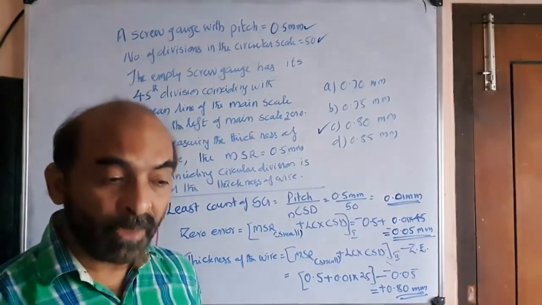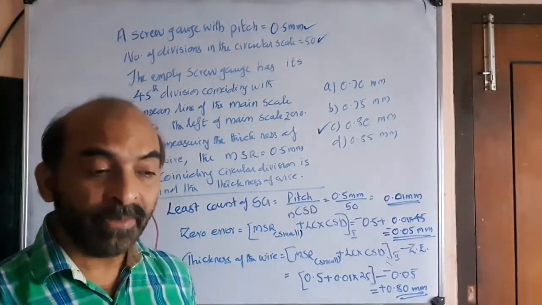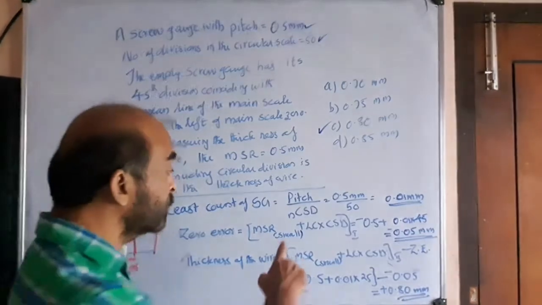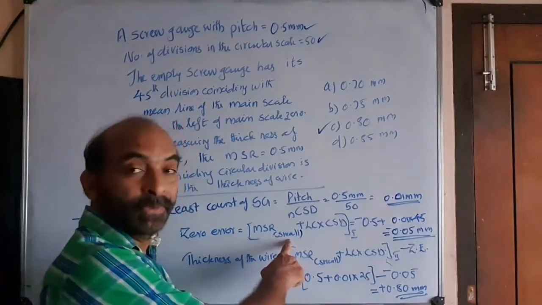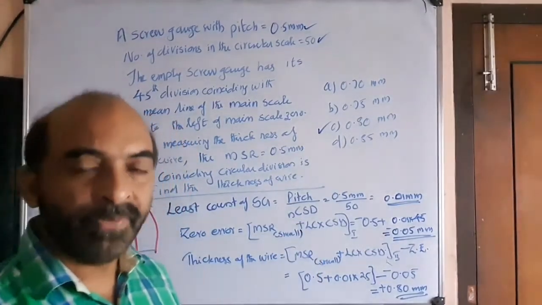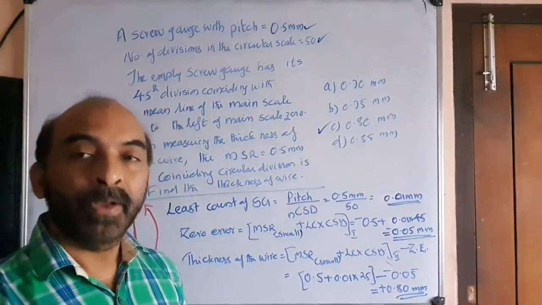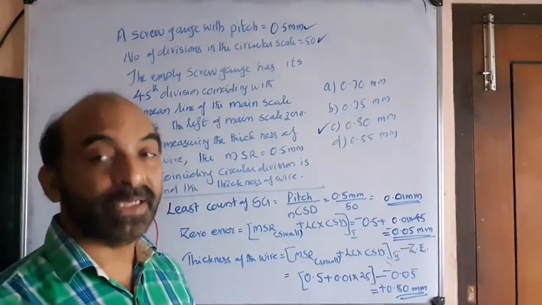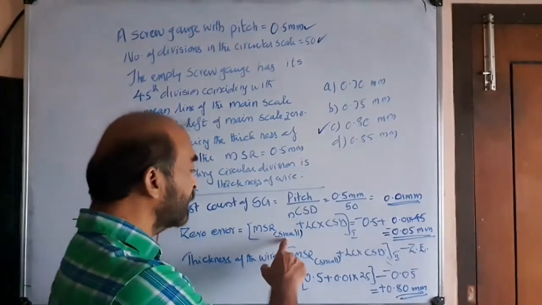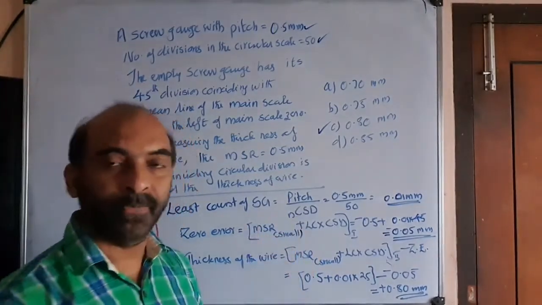In the normal one, main scale division is larger than vernier scale division, where we use the term small and the sign is positive. Whereas in retrograde vernier calipers, vernier scale division is larger than main scale division. And in that case, we use the MSR large and this sign was negative.